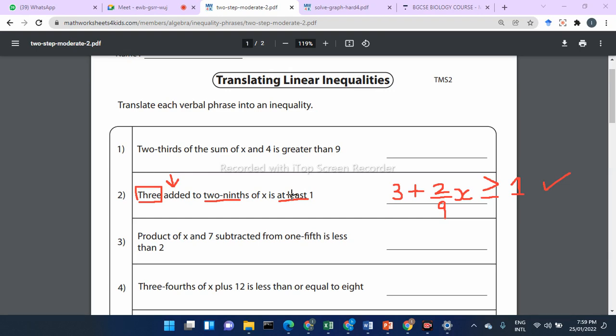Okay, so I can leave the other two for homework. Product of x and 7 subtracted from 1/5 is less than 2. And 3/4 x plus 12 is less than or equal to 8. Do them two tonight and send them to me, especially those people who are leaving at 8 o'clock.